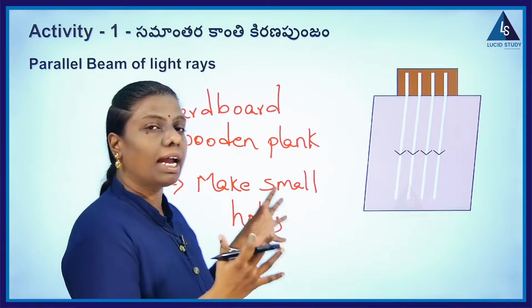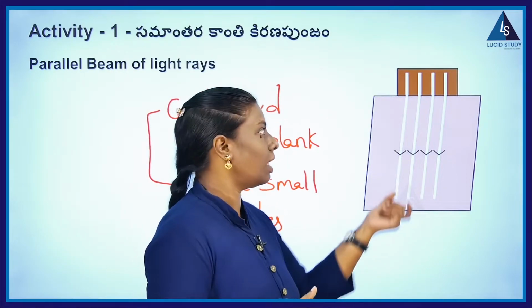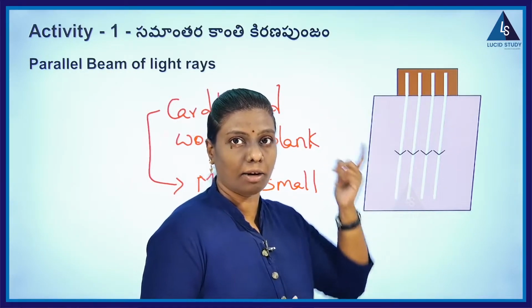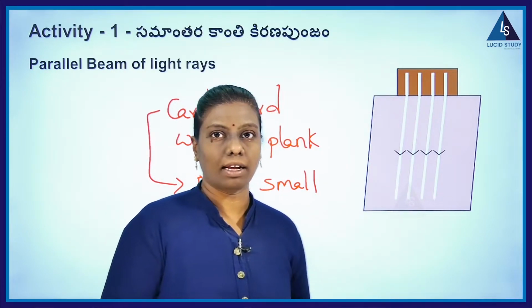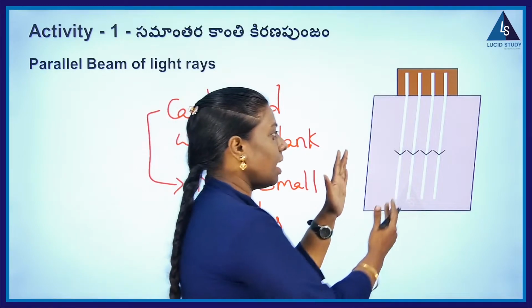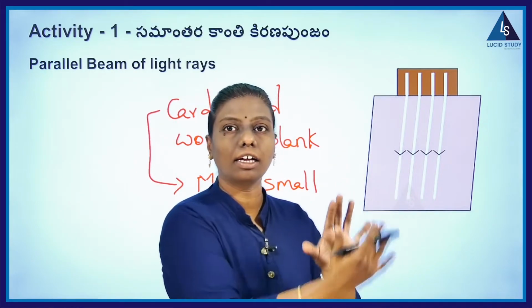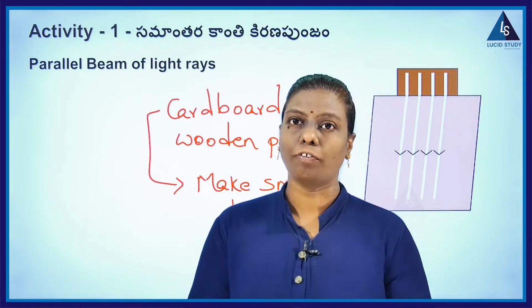The rays coming from the sun pass through the cardboard and fall onto the wooden plank. When you see the light rays, they are parallel to each other, indicating that it is a parallel beam of light rays.